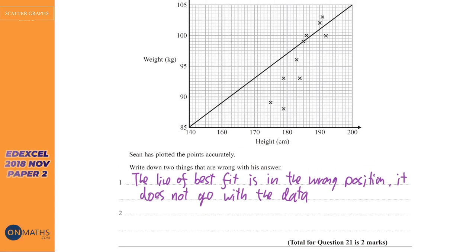The other thing you might think's wrong with it is that it starts at 140 and 85. You can actually have graphs start at non-zero, at different numbers. Normally you'd expect there to be a kind of symbol in there to say that some were missed out. But there's nothing wrong with starting at 85 for the weight and 140 for the height.